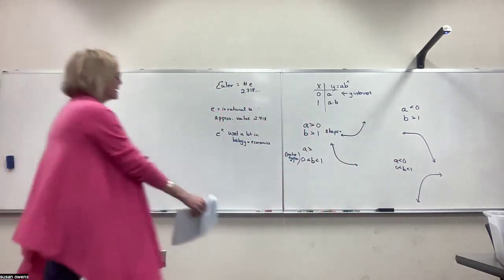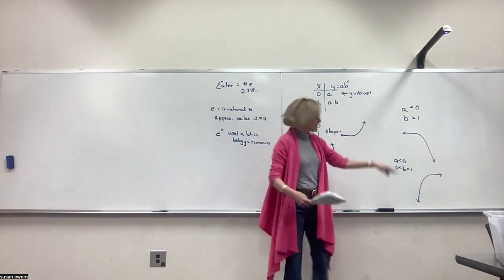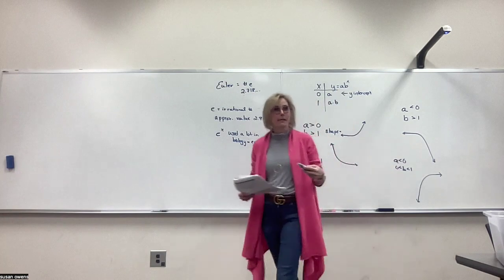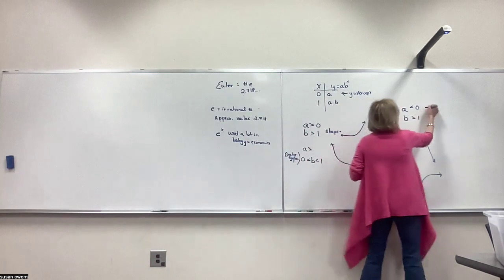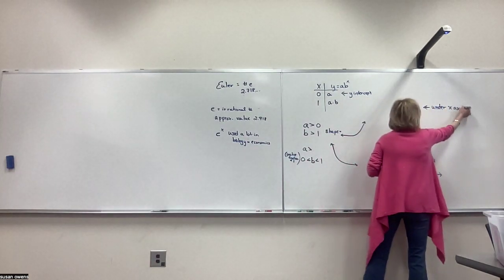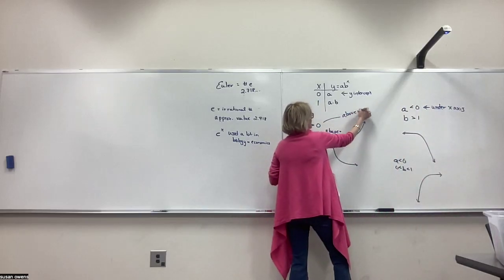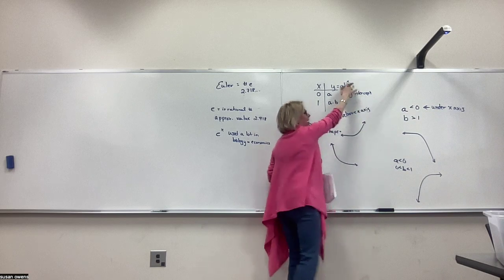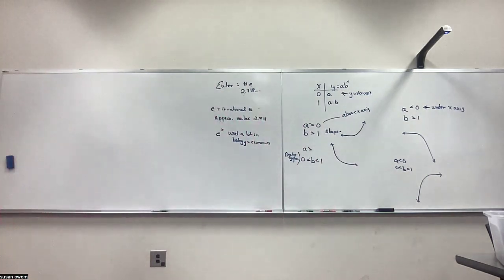It's that leading coefficient being negative that makes it come under the x-axis, and positive keeps it above the x-axis, as long as we don't have anything being added or subtracted to it, because then that's going to shift our graph again. Okay. Good so far? All right.